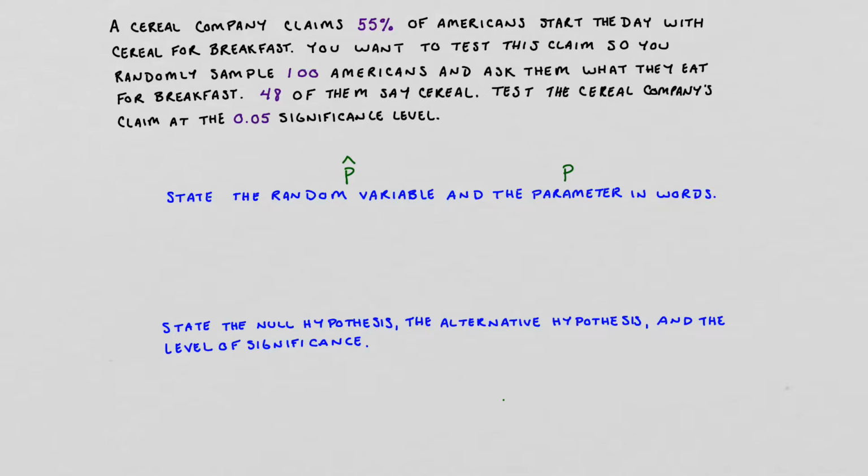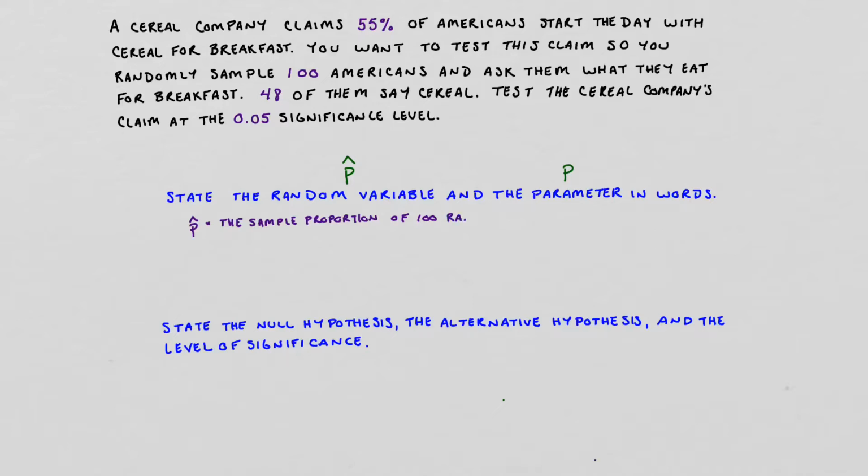In order to describe both the random variable and the parameter in words, we need to refer back to the narrative. So for p hat, this is going to be the sample proportion, so call it what it is here, of 100. So we want to call out the sample size that we are explicitly working with here.